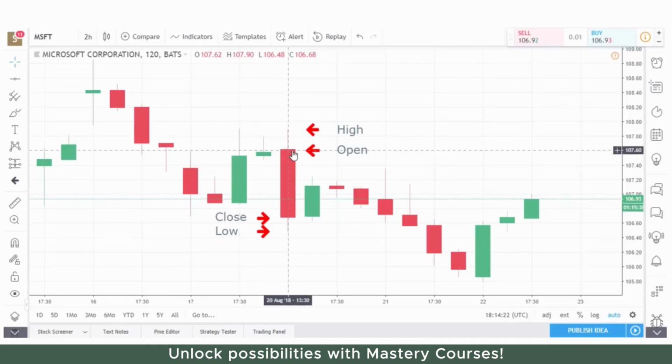The top of the solid portion of the candlestick is where the stock opened for the day. And the bottom of the solid part is where the stock closed for the day. The low is represented by the wick at the bottom of this candlestick. And again, you can look at all 4 of these numbers at the top of the chart when hovering over the candlestick.